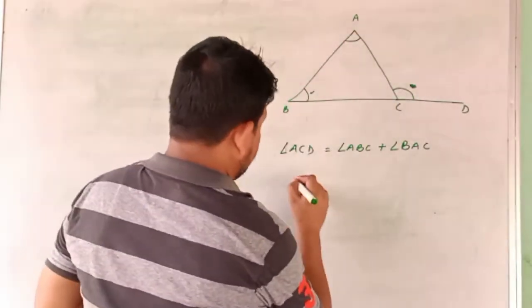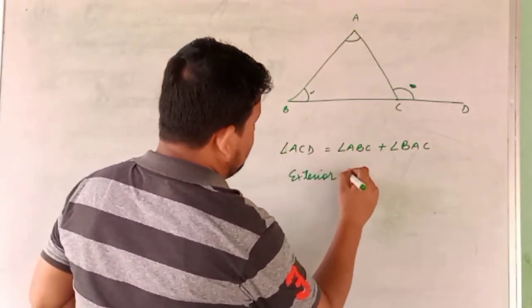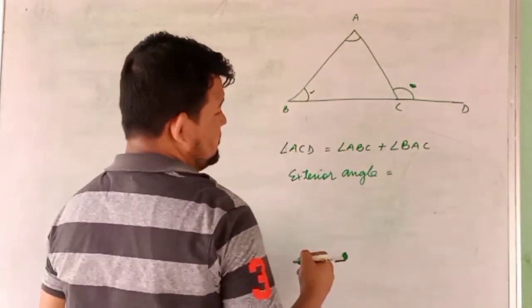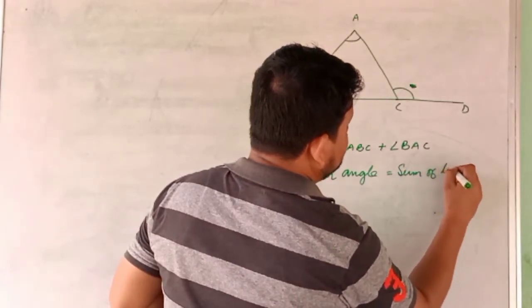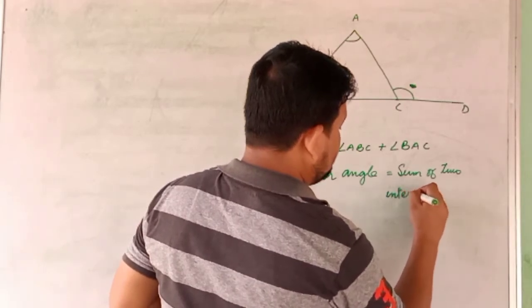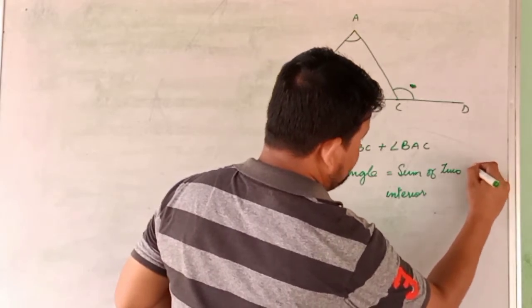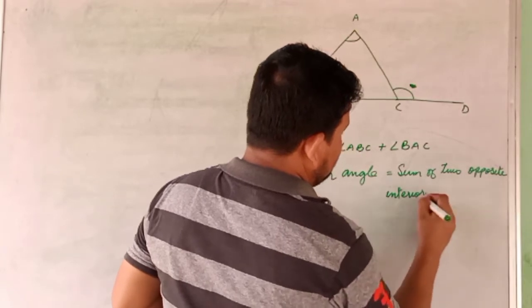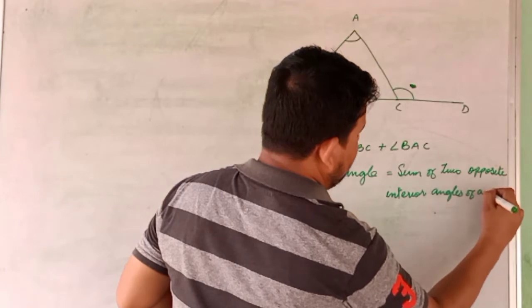That means exterior angle is equal to the sum of two opposite interior angles of a triangle.